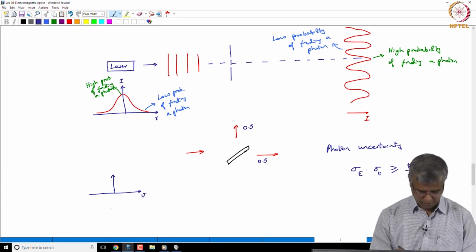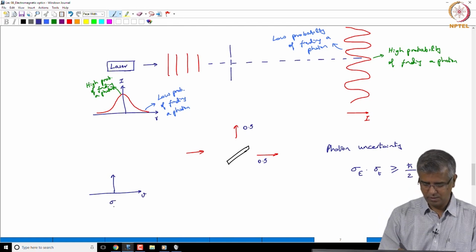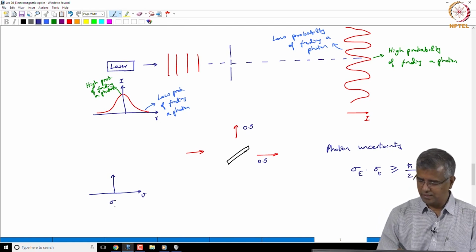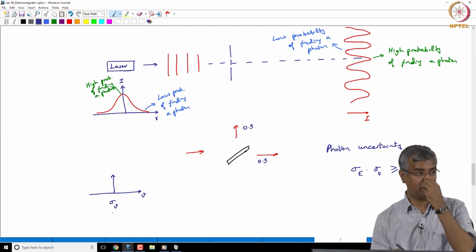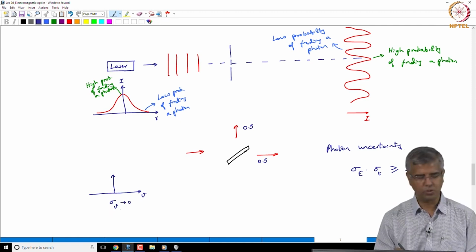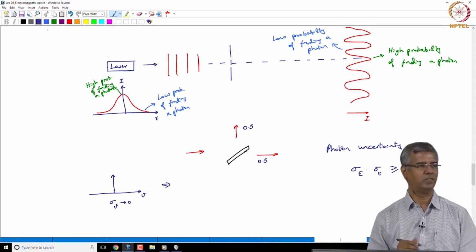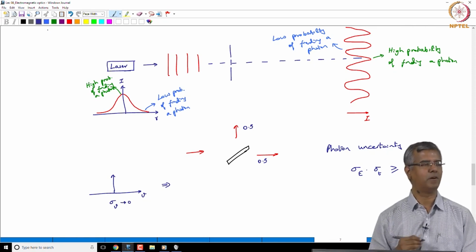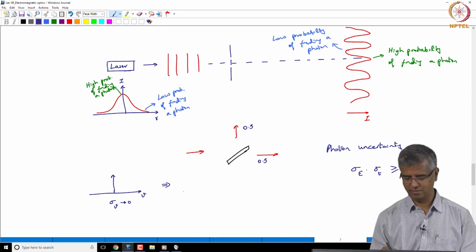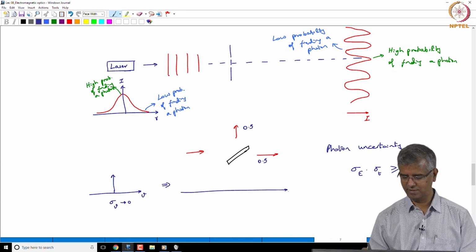If there is such a thing as a single frequency source, the uncertainty associated with determining that frequency goes to 0. But in time, what does this represent? When can you tell through observation in time that you have a monochromatic source?